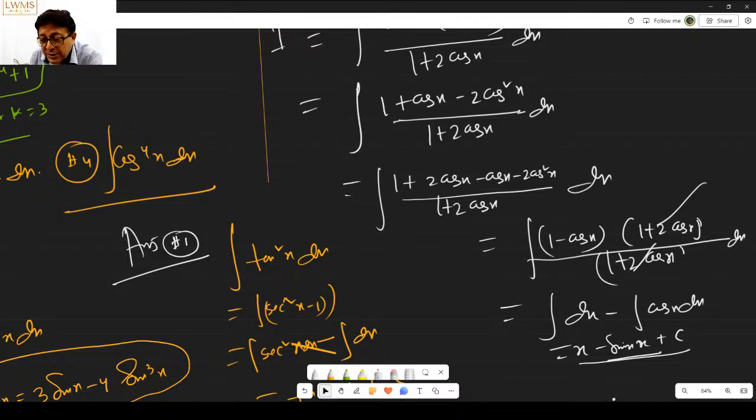Okay, these two are getting cancelled. Now integrate again term by term. Integration of this is sin x plus 2 cos alpha into x. Hope you have understood all the sums whatever I did for you.